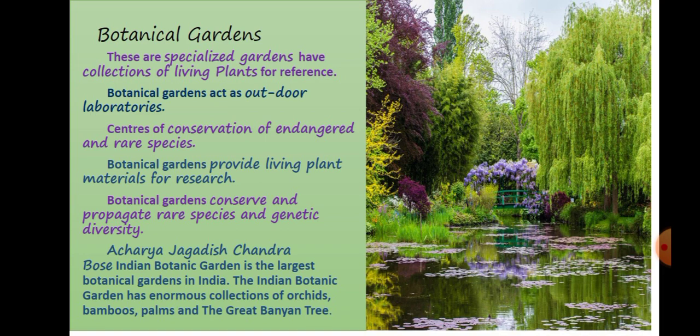The famous botanical garden of our country, the largest one, is the Acharya Jagadish Chandra Bose Indian Botanic Garden, which contains an enormous number of plants like orchids, bamboos, palms, and the great banyan tree. It is one of the important collections of this botanical garden, which is present in Paschim Bengal.